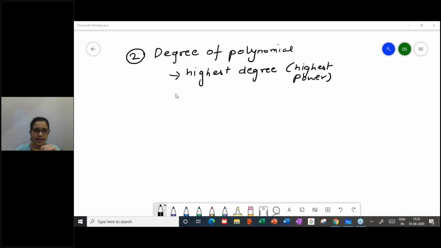So what I was telling you before, like linear, quadratic, cubic, and biquadratic come under the basis of degree. So this classification falls under degree of polynomial.